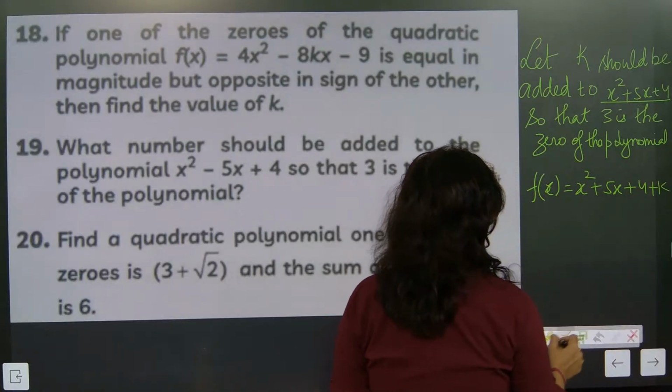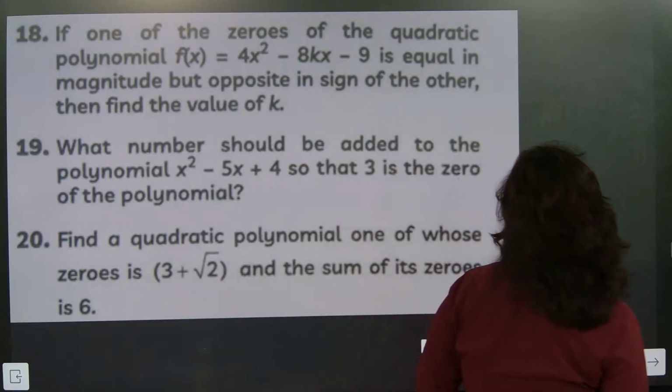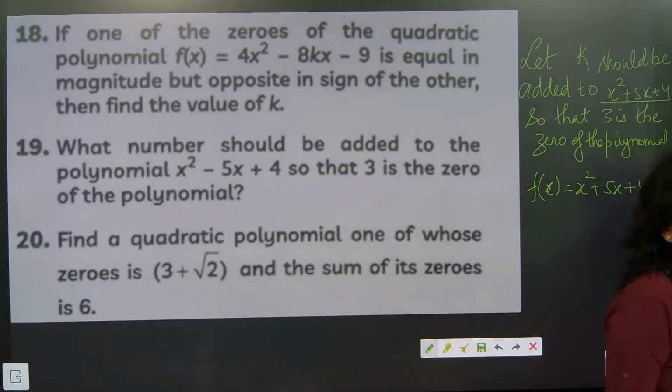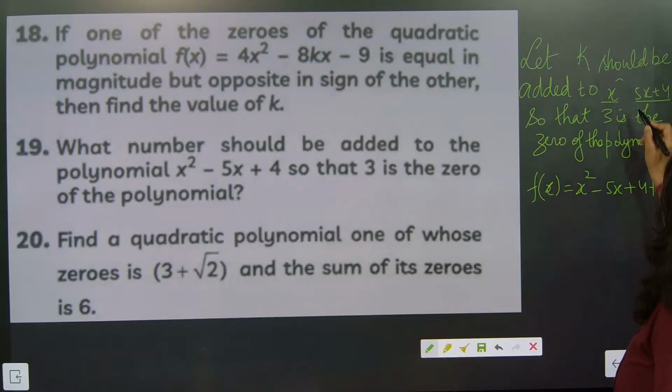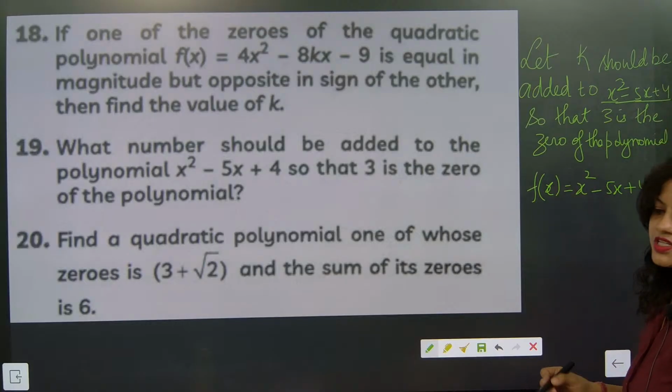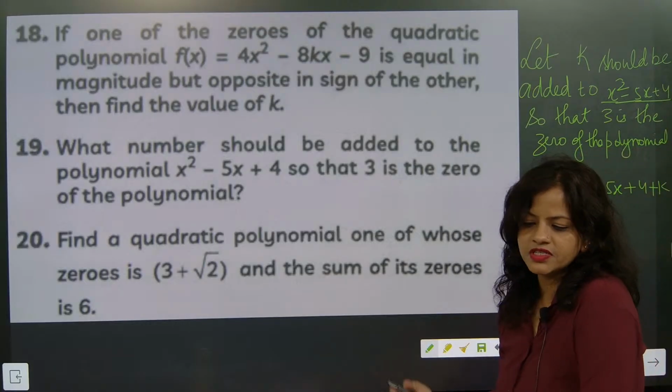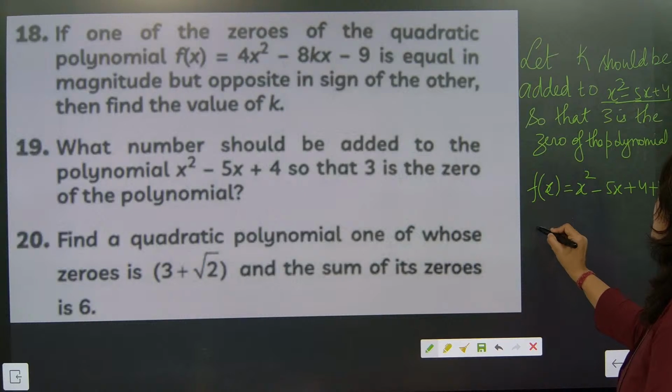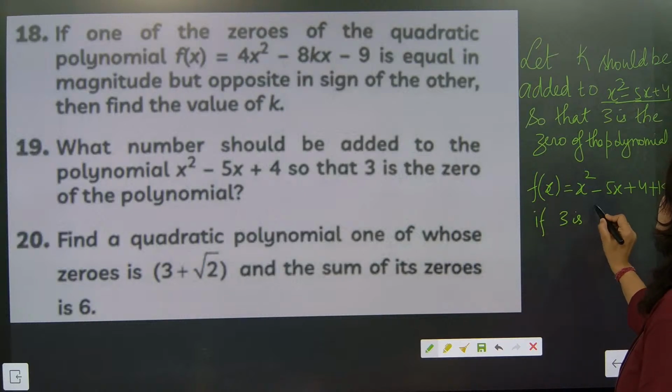So always remember, if 3 is a zero of the polynomial, it will satisfy f of x and make f of x equal to 0.